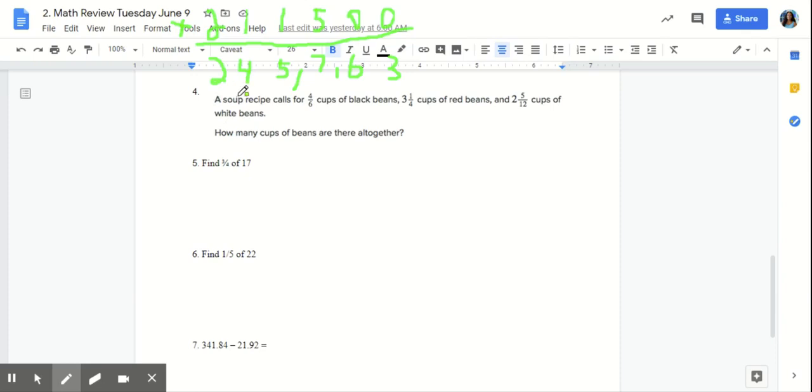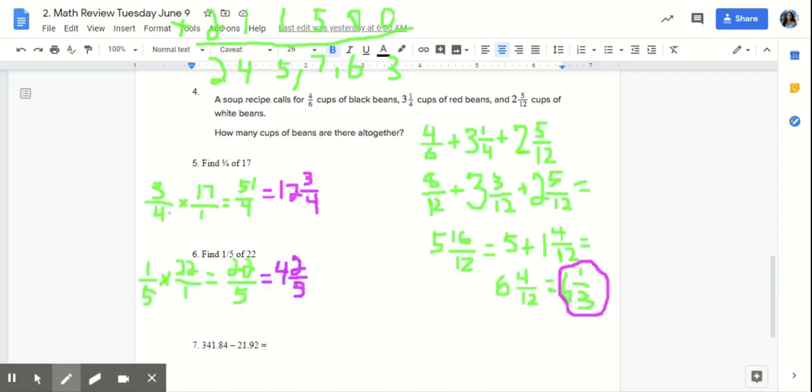Number 4. A soup recipe calls for 4/6 cups of black beans, 3 1/4 cups of red beans, and 2 5/12 cups of white beans. How many cups of beans are all together? So we're going to add up all of the cups of beans together.